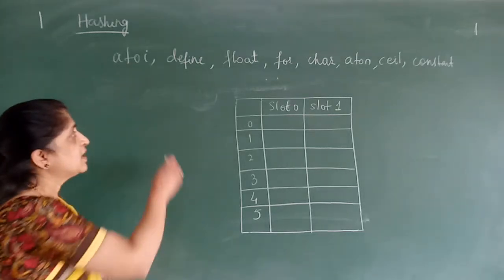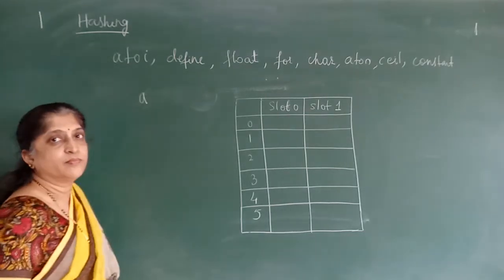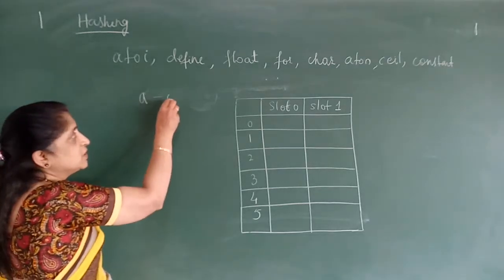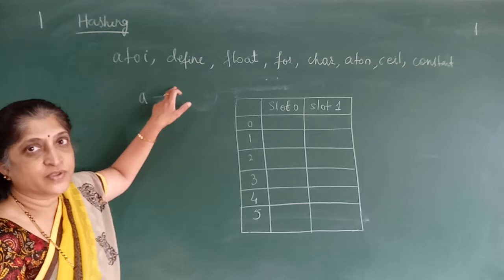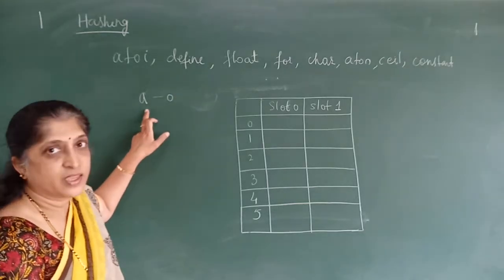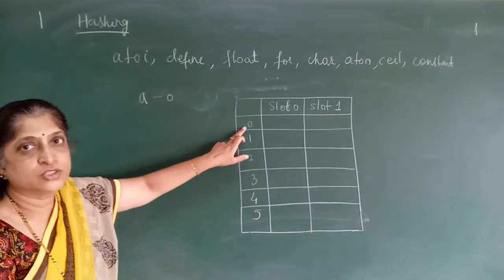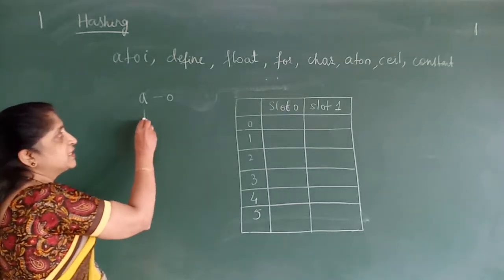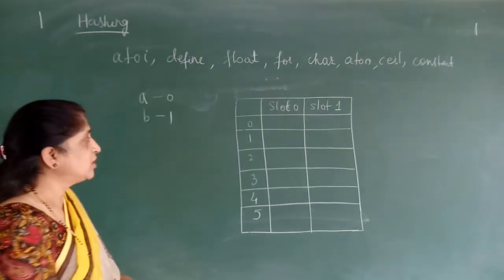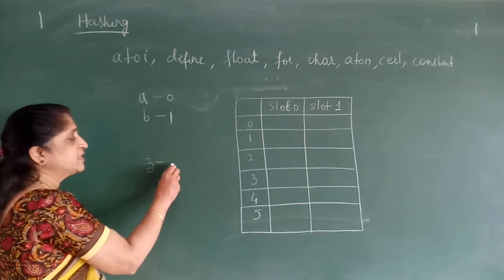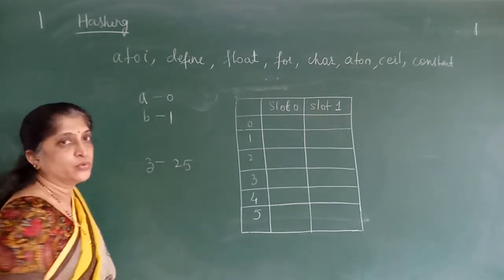For example, I map A to 0. That is, if any of these reserved words start with A, I store it in bucket 0. If any of them starts with B, I store it in bucket 1, and so on. So if the word starts with Z, I store it in bucket 25.